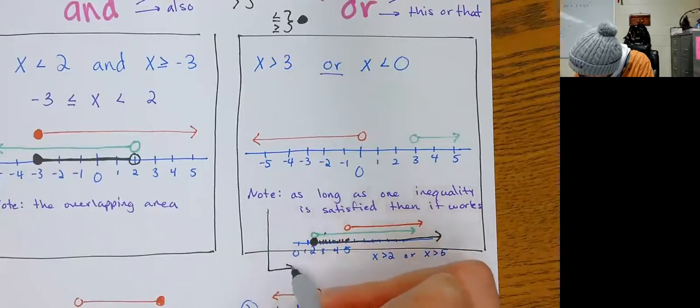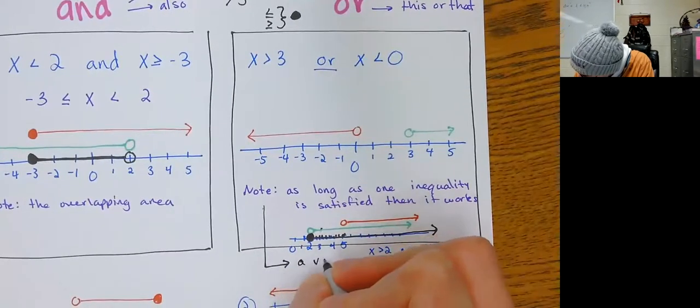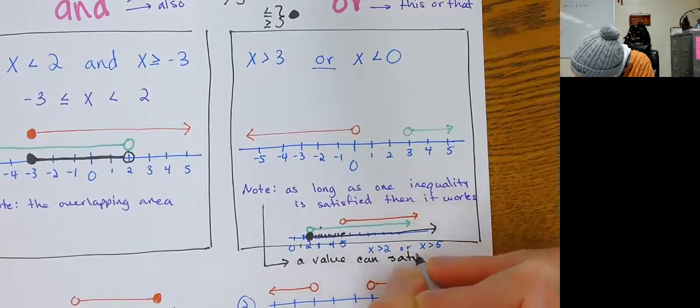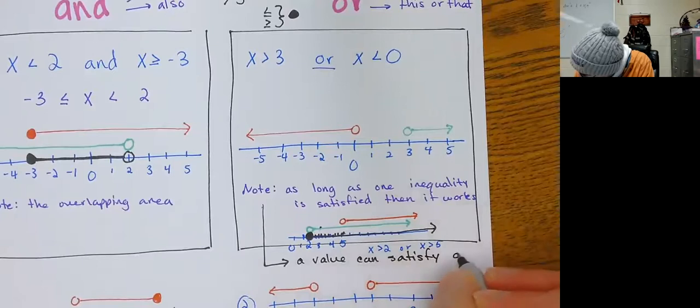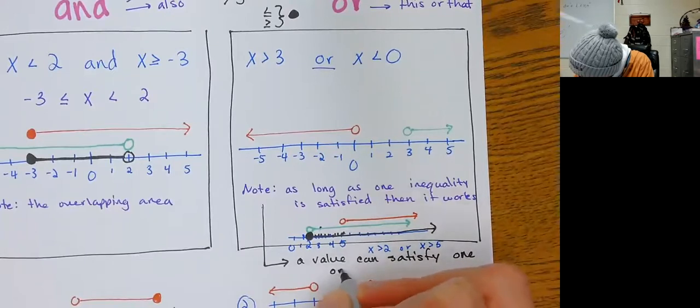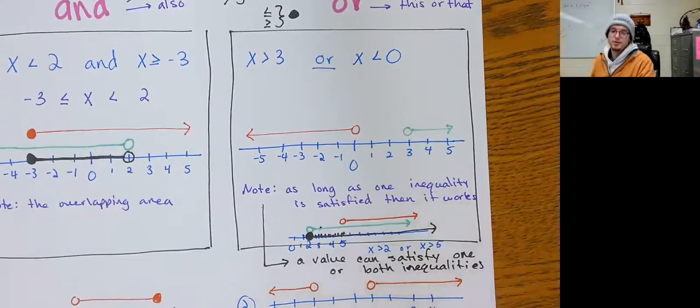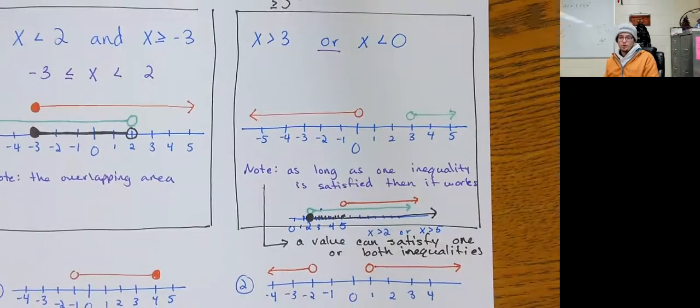A value can satisfy one or both inequalities. And if it satisfies the main one, the one that overrides the other, then you're good. Okay? I think that'll make more sense if we just continue on.